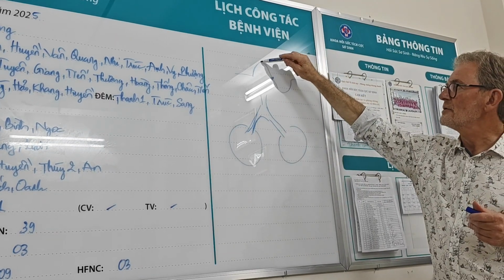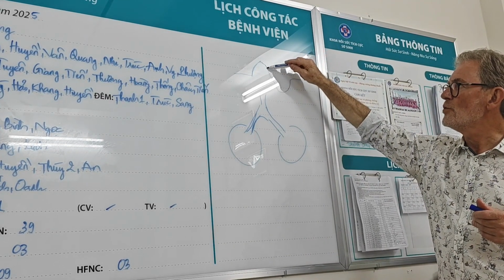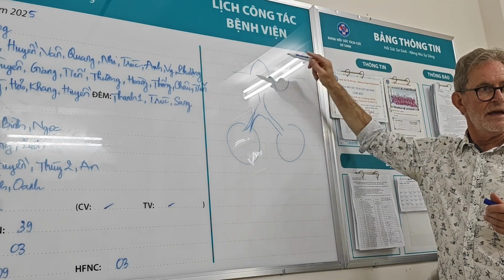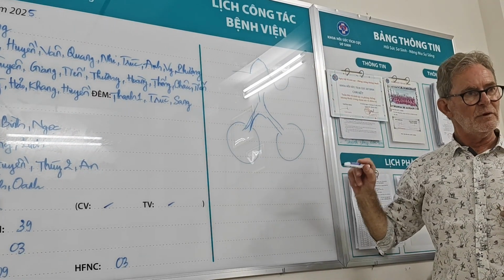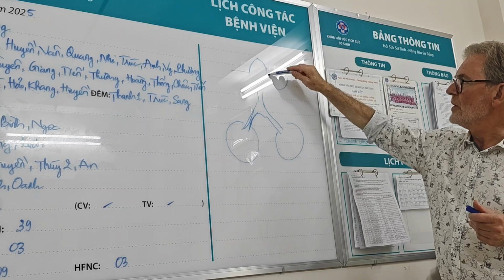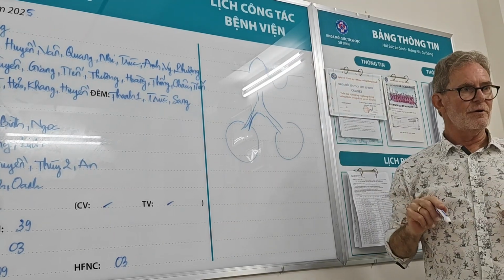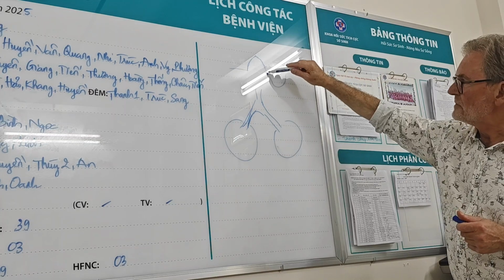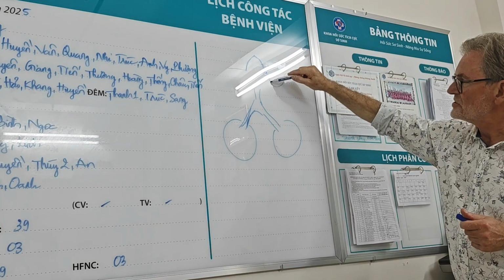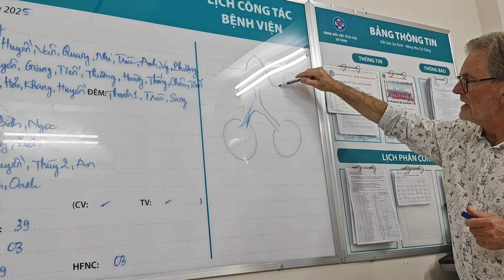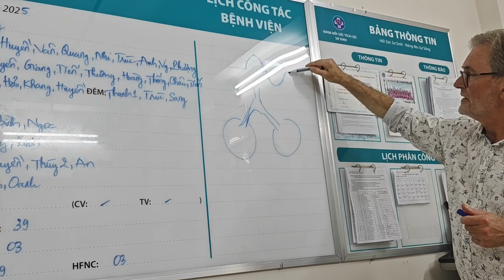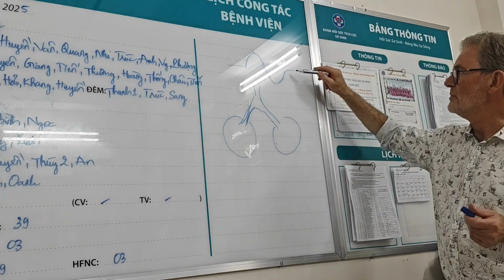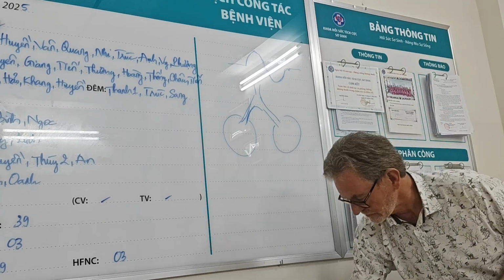As you get closer and closer to full inflation, the flow slows right down, and when you get to full inflation, you actually reach zero flow. The same happens with expiration. Initially you get fast flow of gas, it slows down, and when the lung is completely empty, there's no flow anymore, so you're back to zero.